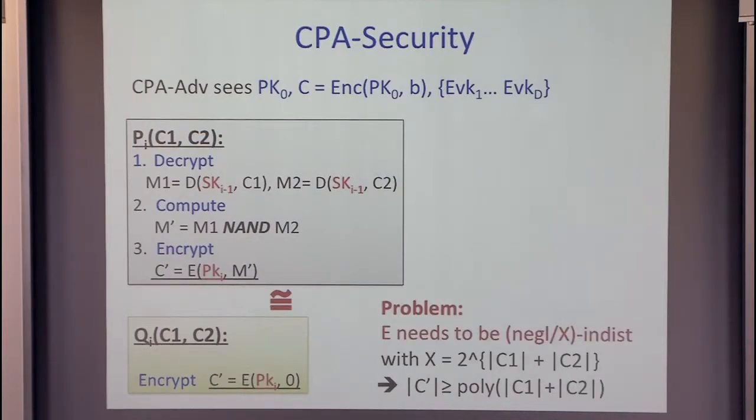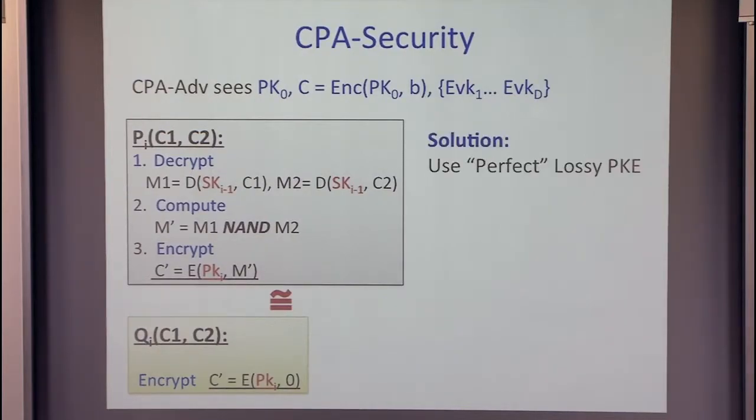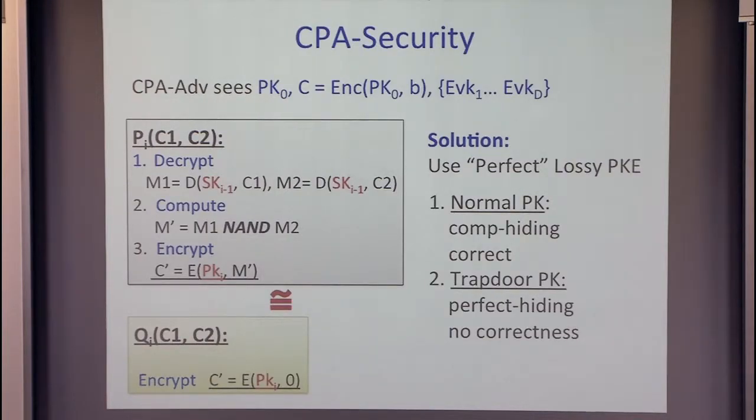That's why we don't achieve the dream, and we need something a little bit more, which is, I'm going to start with using what we call a perfect lossy public key encryption. This kind of public key encryption has two modes of the public keys. One is a normal mode, which is like any CPA encryption scheme.